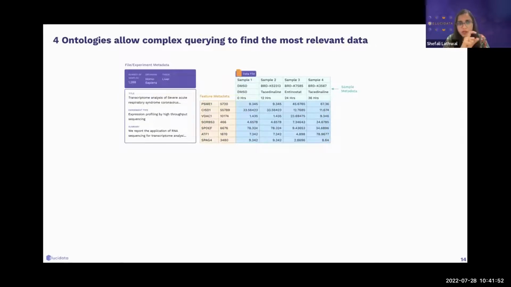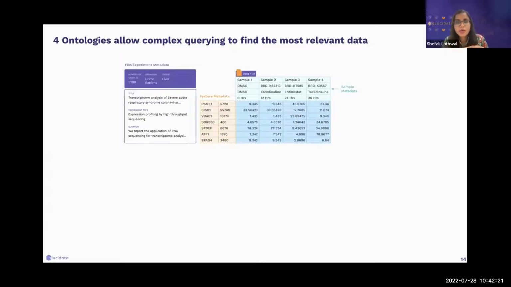And because we're using all of these standardized ways of representing these different metadata fields, we can write very specific queries to find data that is the most relevant for a particular use case. So for example, I'm just doing a callback to the way data are structured in different types of metadata that we have. So I'll do a brief recap.